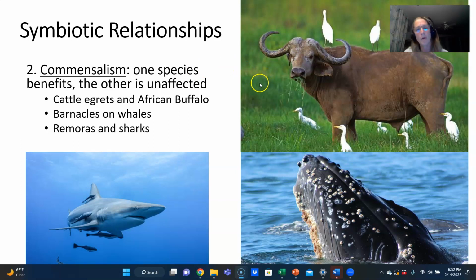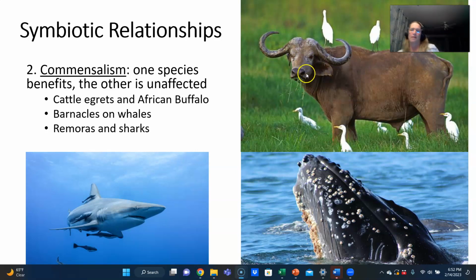A really common one to be used is the commensal relationship between cattle egrets and different versions of cows or buffalo or grazing animals. So the buffalo, in this case, this is an African buffalo. African buffalo gets no benefit and is not harmed by this relationship with the cattle egret.